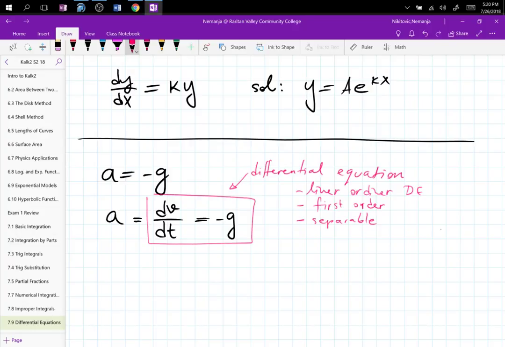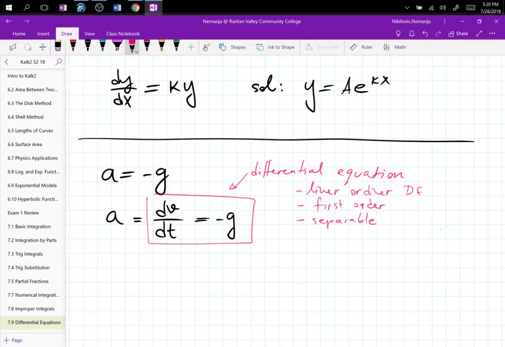Now, I have some physics over here. And as you can see, I did not talk physics. All I said is, let me define acceleration to be negative g, right? Acceleration of gravity. So let me define acceleration to be negative g. I want negative because it pulls down. And then I know from physics that the acceleration is change of velocity in change of time.